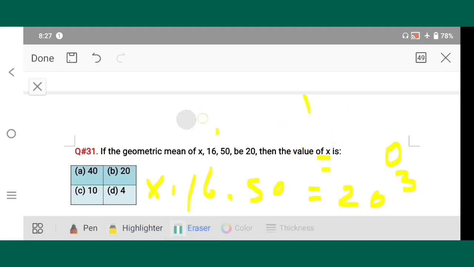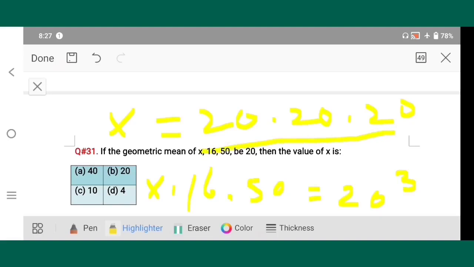So x equals, let's expand 20 raised to the power 3, so 20, 20 and 20, and divide it by 16 and 50.